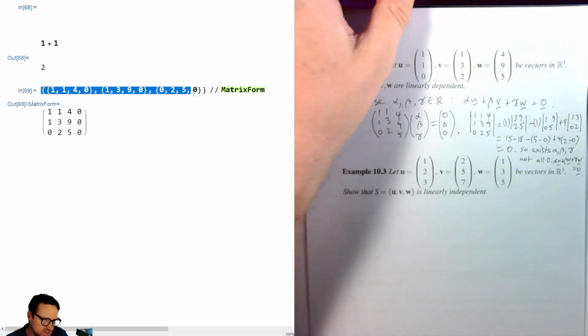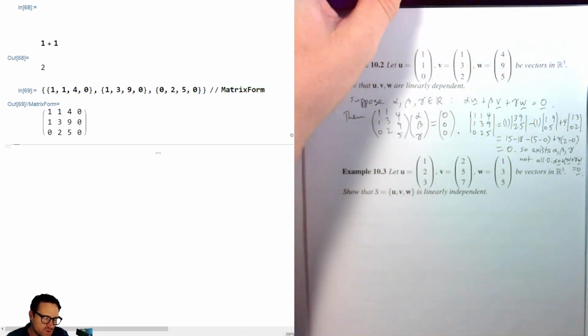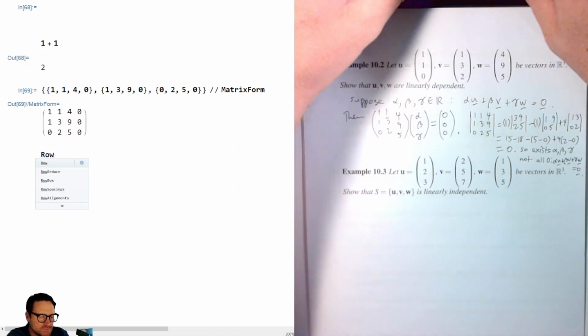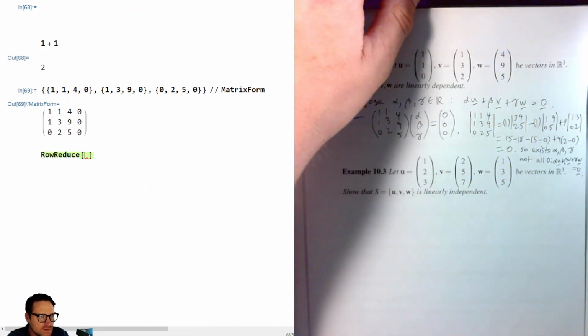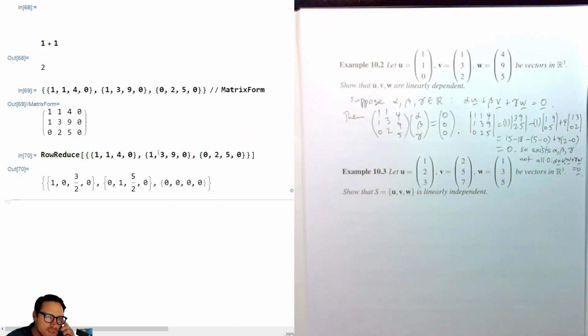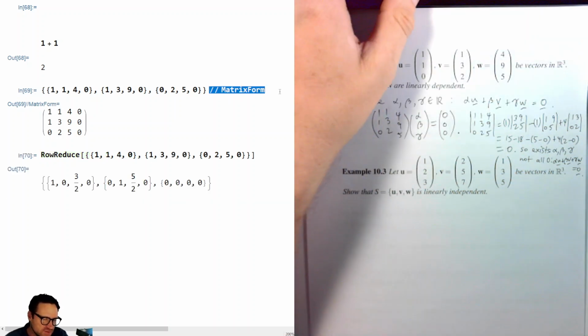And now what I want to do is find the row reduced echelon form quickly, and then display that as matrix 2.